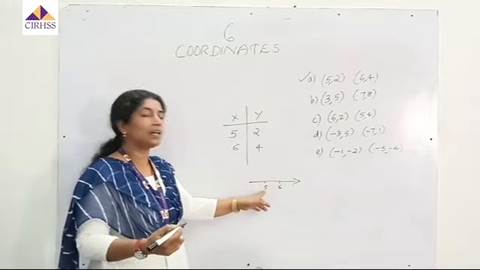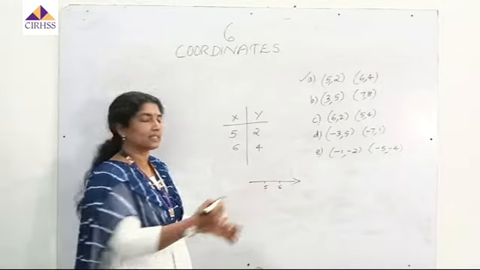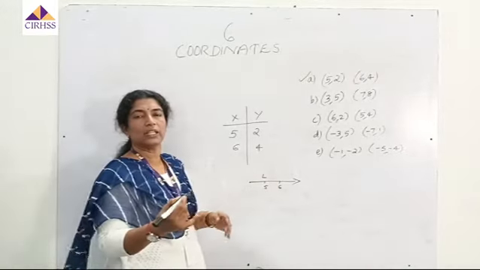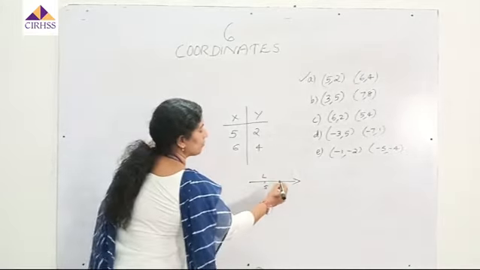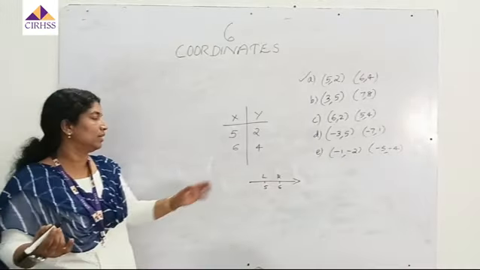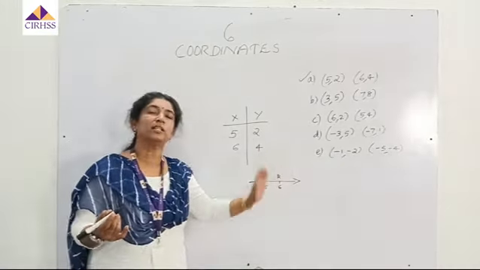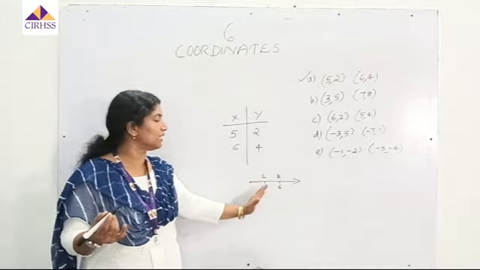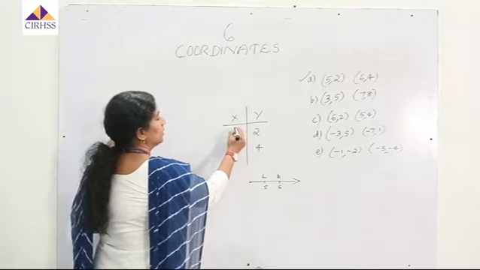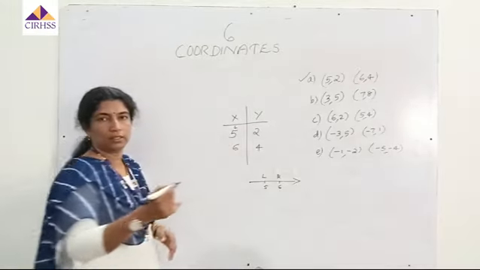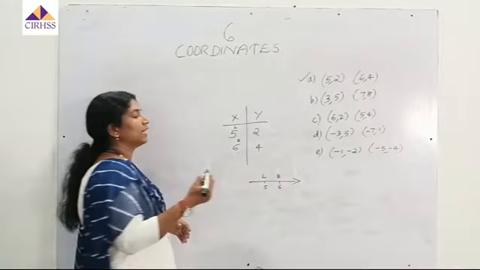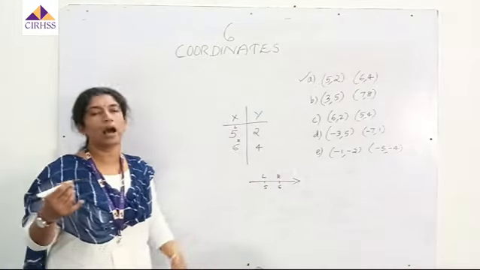Then 5 is on the left side, which we denote as L, and 6 is on the right side. 5 is the left place and 6 is the right place. We write this as L and R.